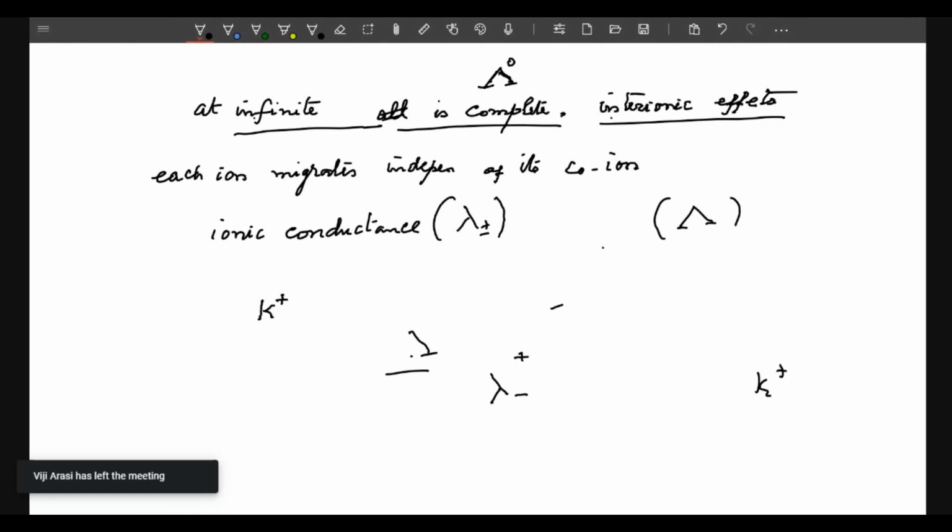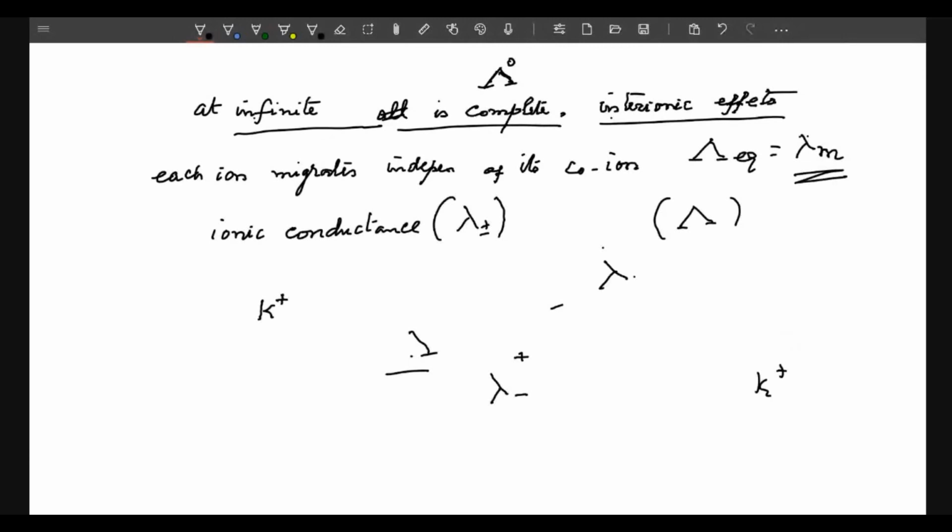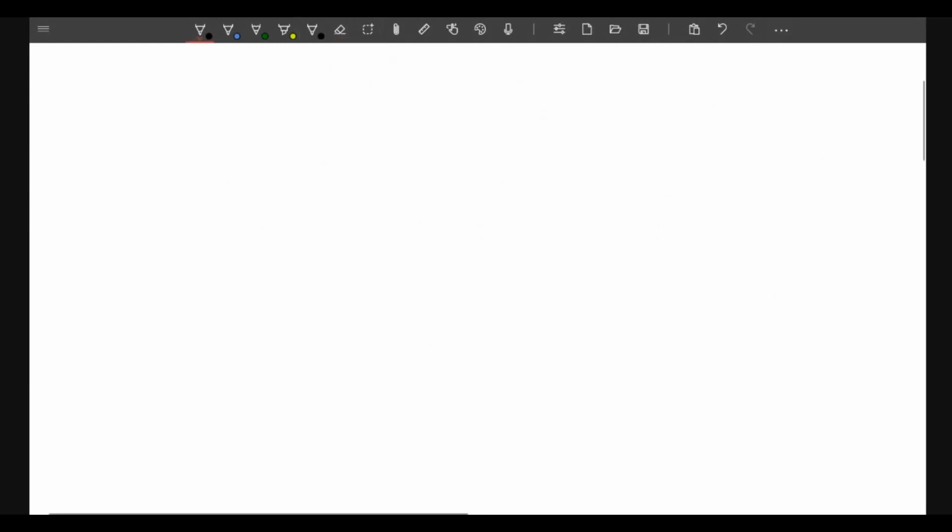Under this condition we are going to give the relationship between the equivalent and molar lambda. The ionic conductance may be given in terms of molar ionic conductance and equivalent ionic conductance. If you are given these two conditions, one should be converted to another. How is it possible to convert one into another? We will see this, then we will go for the application of this Kohlrausch law.